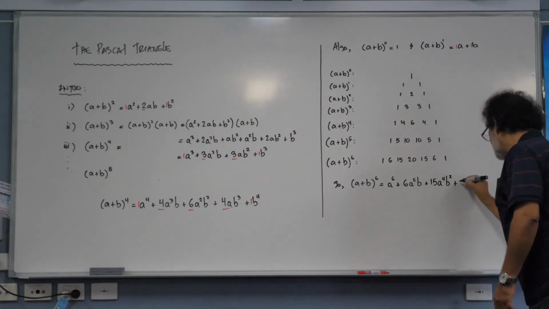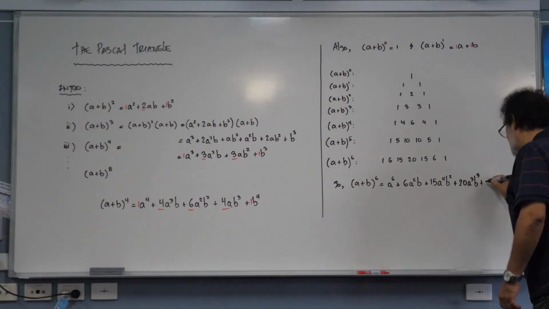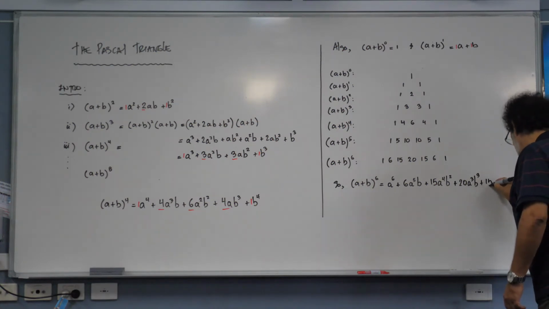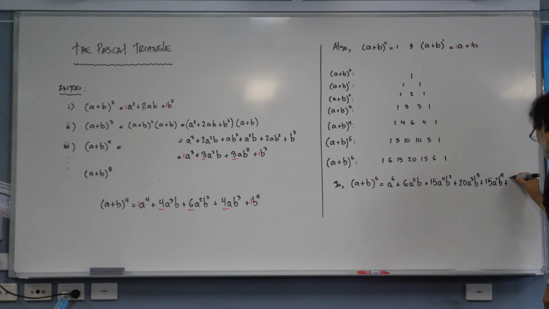The next one is going to be 20 a cubed b cubed. Perfect. Next one, 15 a squared b to the power 4. Next, 6 a b to the power 5. And the last one, b to the power 6. That's it.